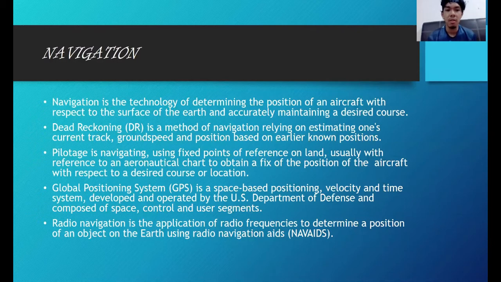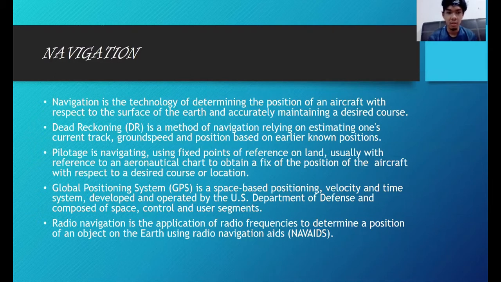The next one is the global positioning system, also known as GPS, a more modern avionics navigation system, which is a space-based positioning, velocity and time system, developed and operated by the US Department of Defense. It is composed of space, control, and user segments.